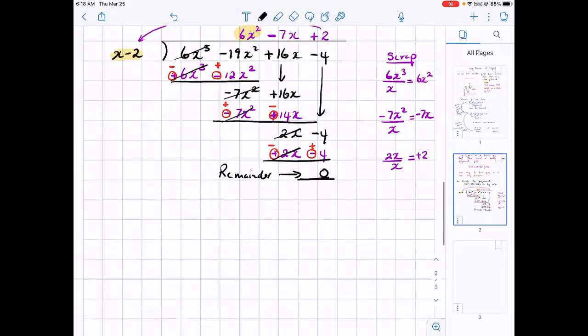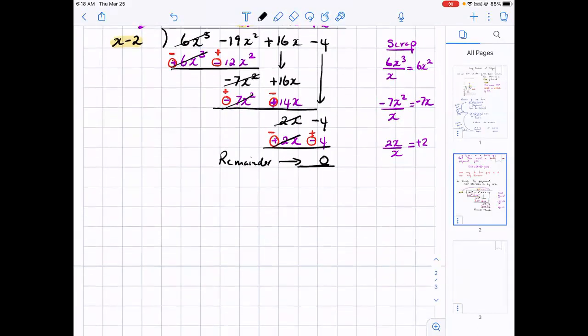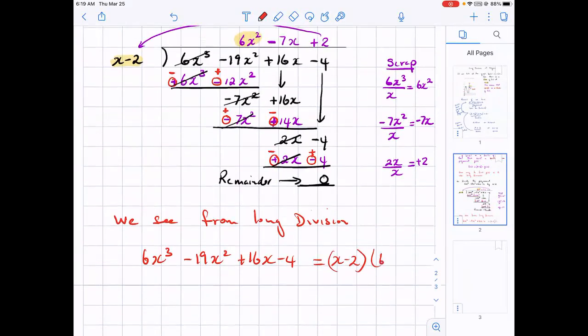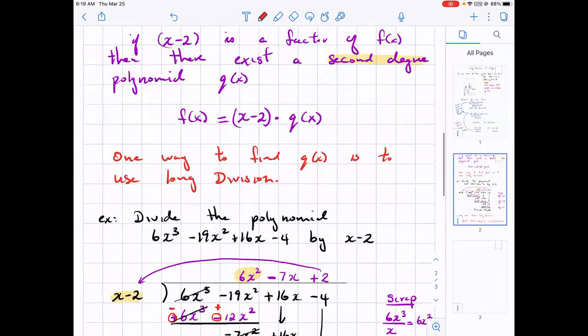So what we can see from long division, okay, from long division, 6x cubed minus 19x squared plus 16x minus 4 is the same as x minus 2 times our quotient, which is 6x squared minus 7x plus 2. Okay?